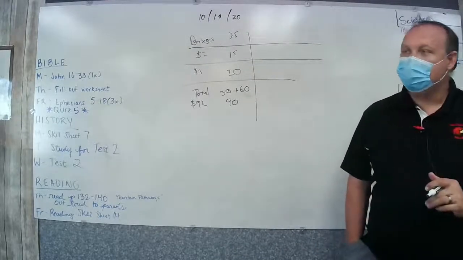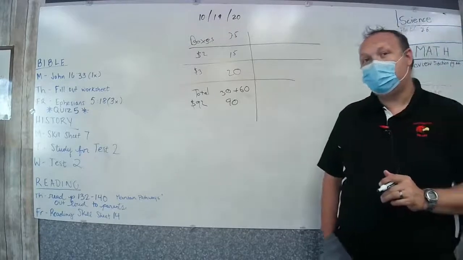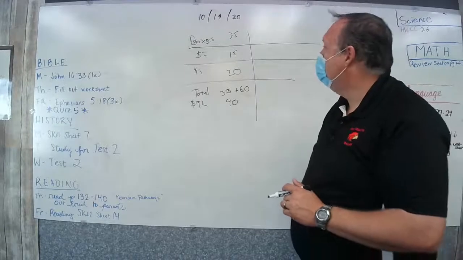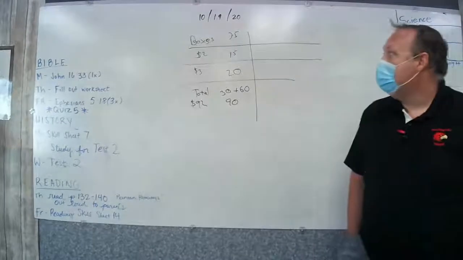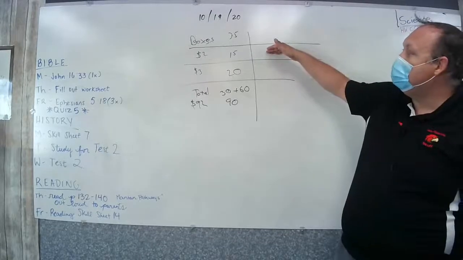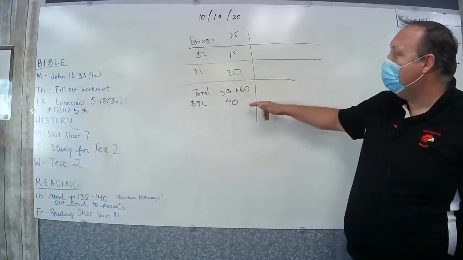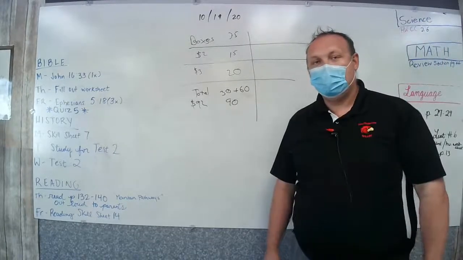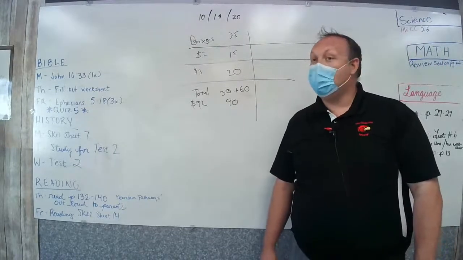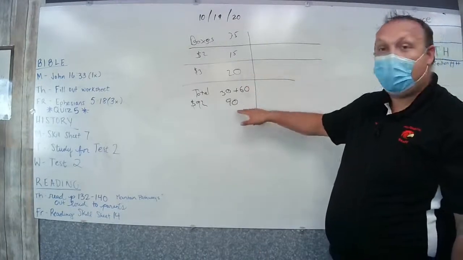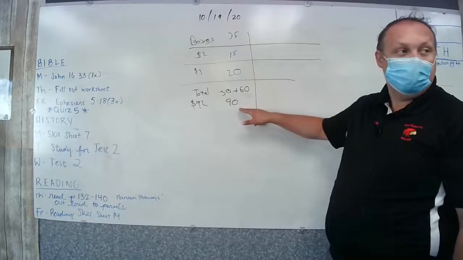Tony? Okay, think about this. If we sell more $2 boxes, is it going to raise this amount or lower this amount? It's going to lower it, right? Because the more $3 boxes we sell, the higher this is going to be, right?